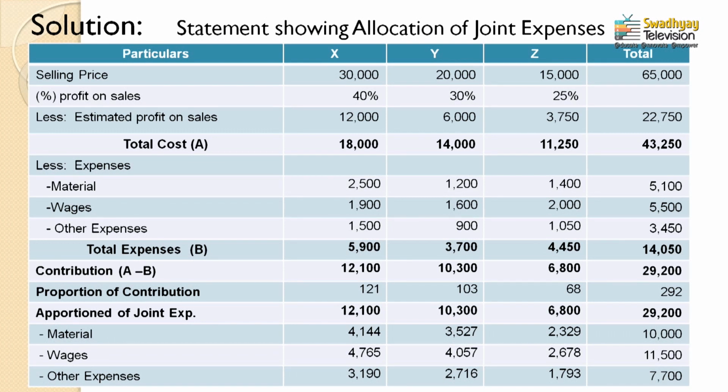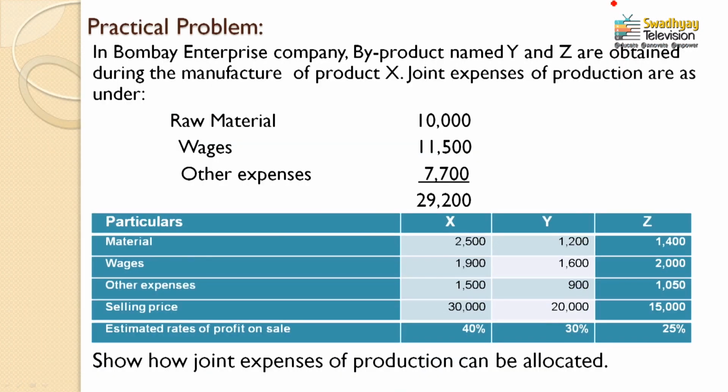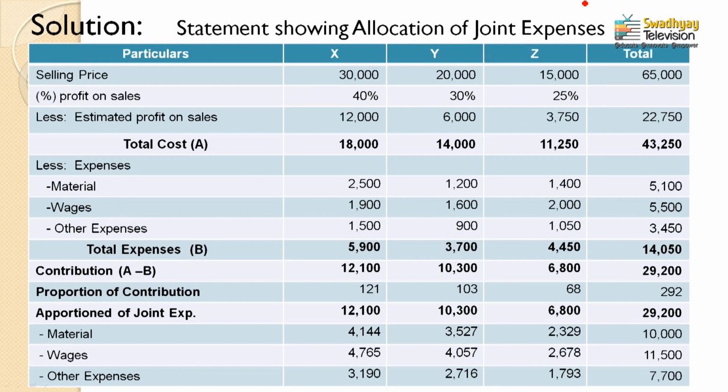We start with the selling price, which is taken from the fourth column of the question's table, 30,000, 20,000 and 15,000, recorded directly.